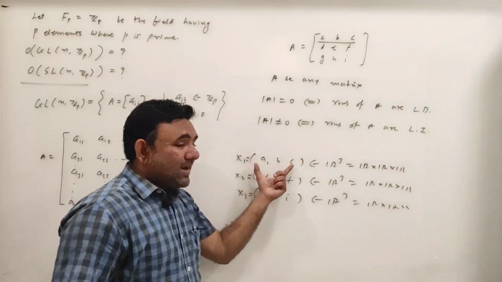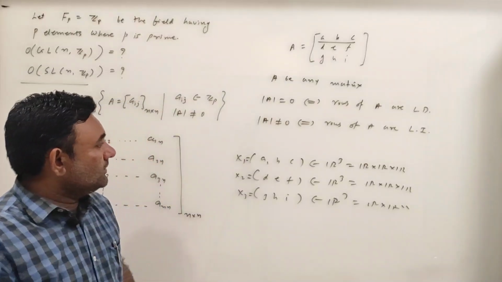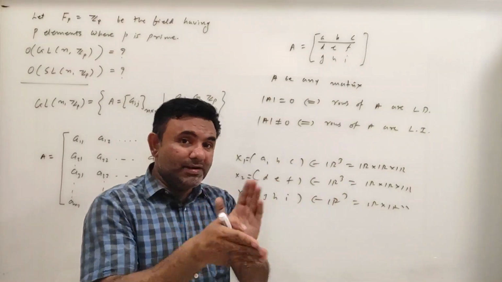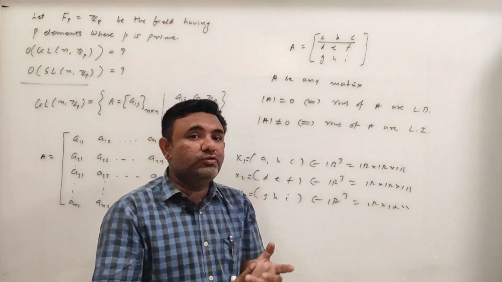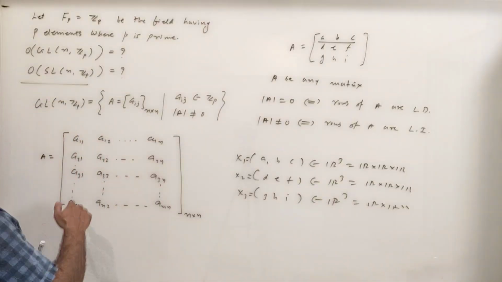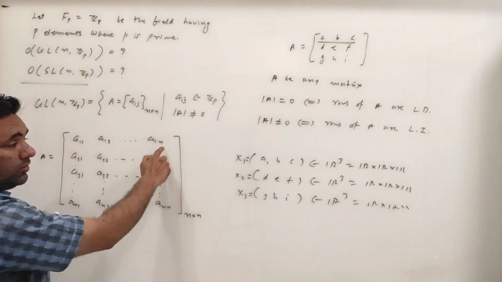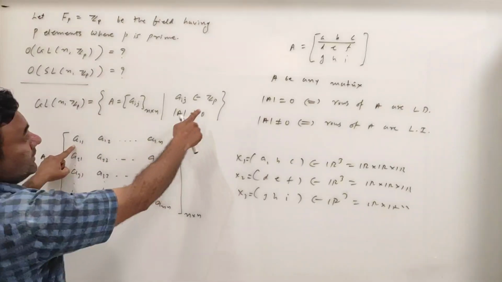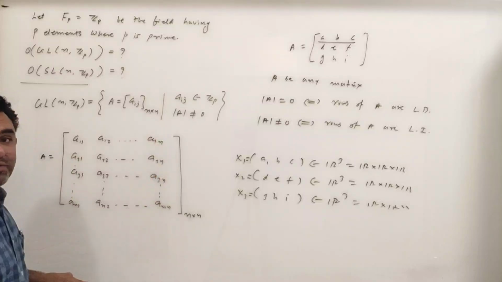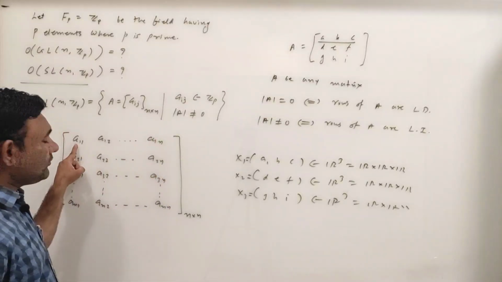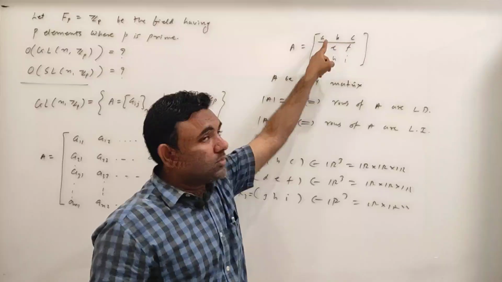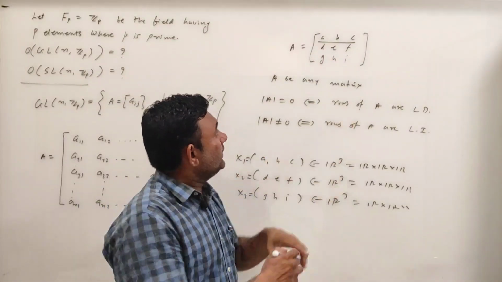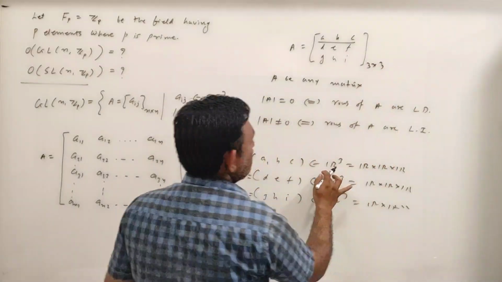So the first row can be thought of as a vector in R3, and R is a field. Here also you can think of the first row of this matrix as a vector of Zp raised to n, because the elements are coming from Zp. Here the elements are coming from R, and the matrix is 3 by 3, so R raised to 3.